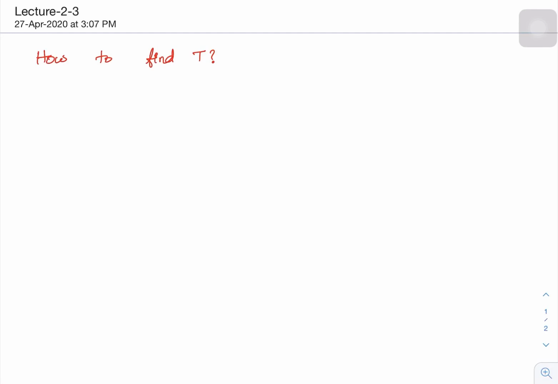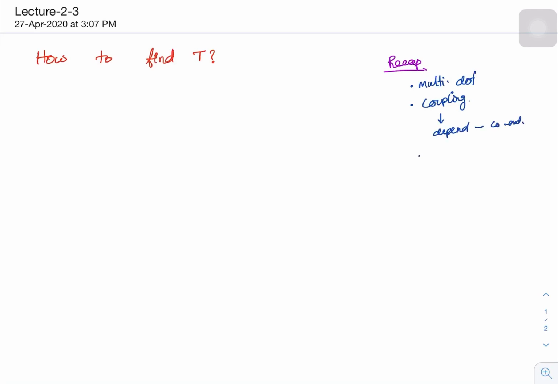How to find T, the transformation matrix. In the previous lecture, we saw the introduction to multi-degree of freedom systems, and we saw that coupling depends upon the coordinate system.